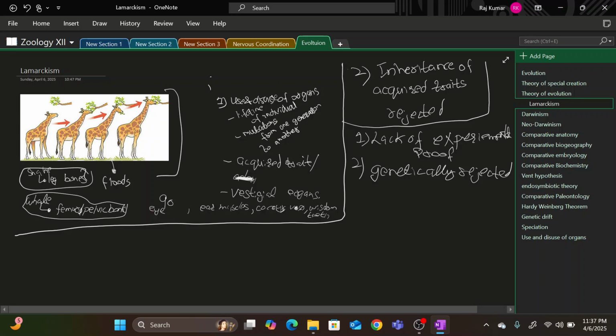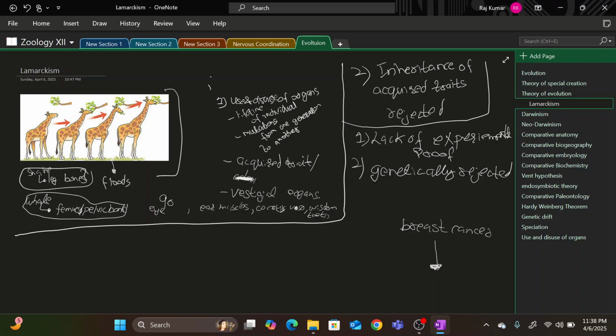For example, if someone gets breast cancer, it would not be the case that her daughter would also have breast cancer by birth genetically.